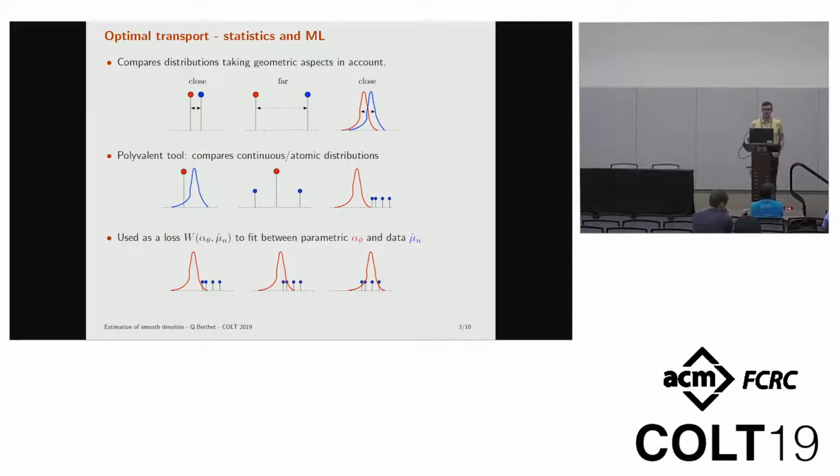In particular, if you've got two Dirac masses that are really close, then the Wasserstein distance will be small. And if they are further apart, then the Wasserstein distance will be large, which is not something that we observe with divergences like the KL, maybe. It's also very polyvalent, so we can compare something that's completely atomic and something that's completely continuous, etc. And has lots of application as a loss as well.